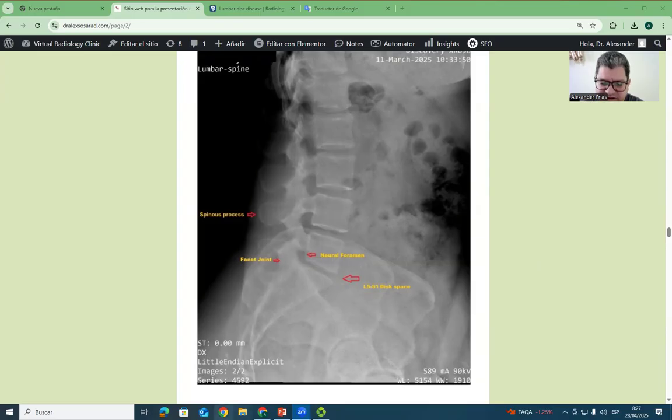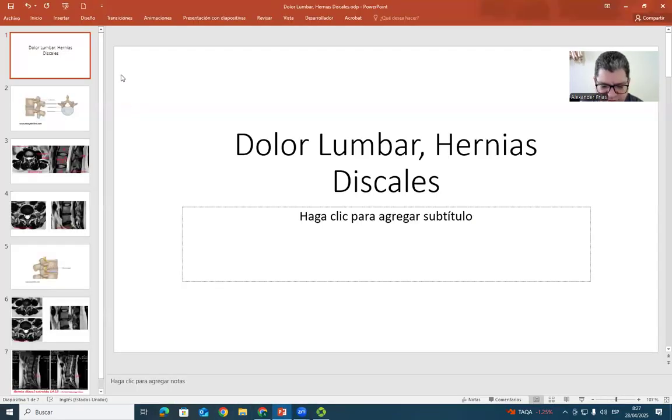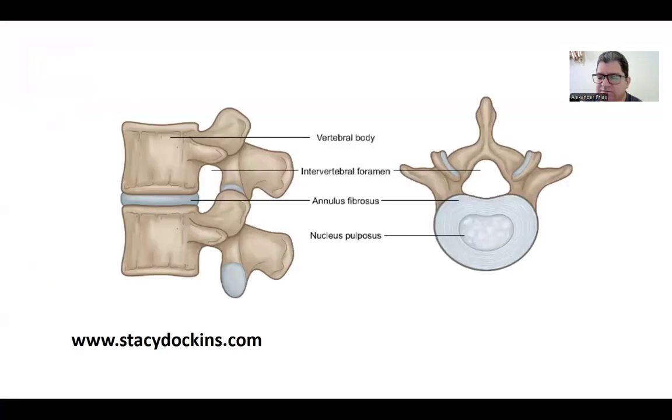degenerative disease. To introduce the topic, we start with the anatomy of the lumbar spine. The lumbar spine has several lumbar vertebrae. Each vertebra is formed by a vertebral body, spinous process, transverse process, and there is a hole.